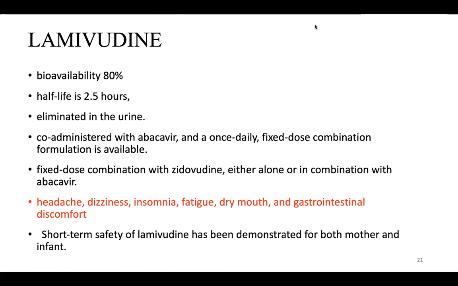Lamivudine is also available in fixed dose combination with zidovudine, either alone or in combination with abacavir. Potential side effects are dizziness, headache, insomnia, dry mouth, fatigue, and gastrointestinal discomfort. They are typically mild and infrequent. Short-term safety of lamivudine has been demonstrated for both mother and infant.